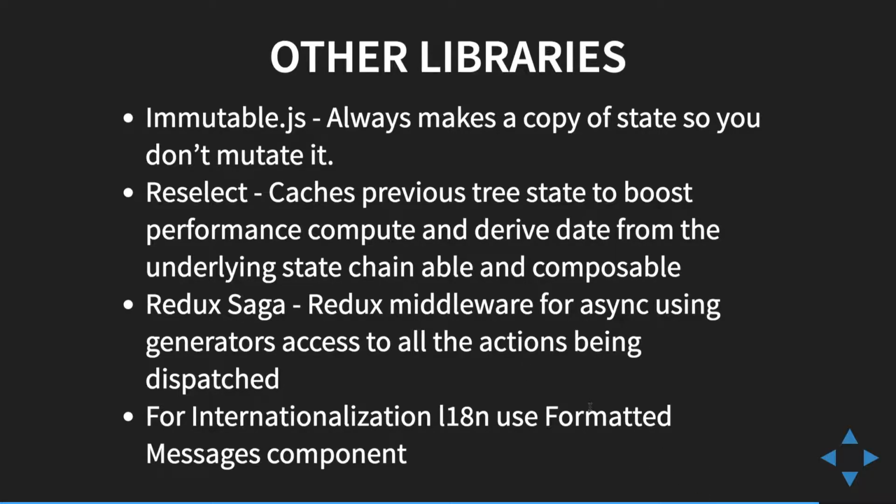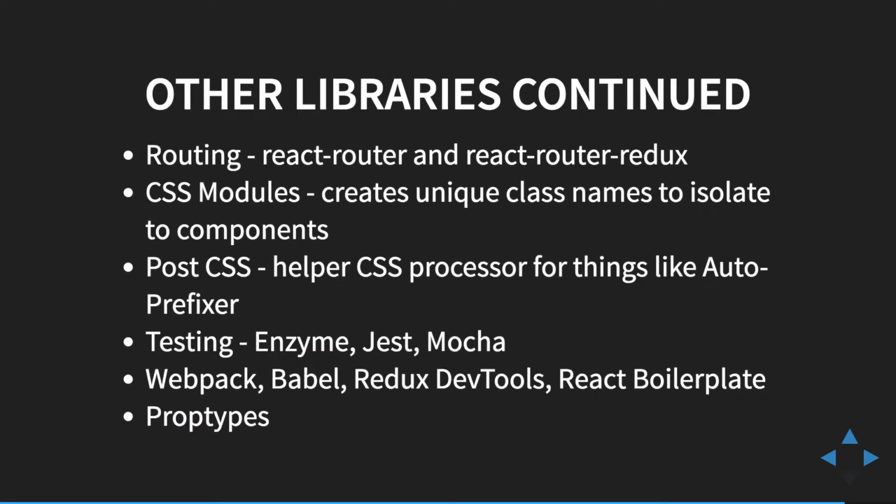There's also some stuff for internationalization, and the list goes on. There's also routing for Redux Router. There's CSS with modules. There's post CSS, testing. There's Enzyme, Jest, Mocha, as well as needing Webpack, Babel, and then some of these other helpers like the Redux Dev Tools, the React boilerplate, and prop types.